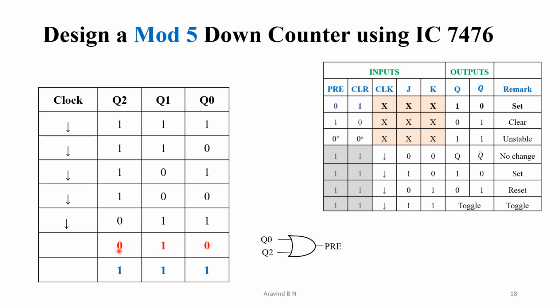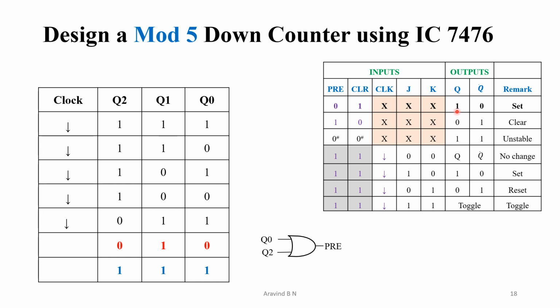Q0 is 0, Q2 is 0. Only those two bits are taken, and that will be connected as input to the OR gate, right? And the corresponding output of the OR gate is connected to the preset of each of the flip-flops. So when both of these two become 0, the output of the OR gate becomes 0. Therefore, the preset input will become 0, and we will be satisfying this particular criterion.